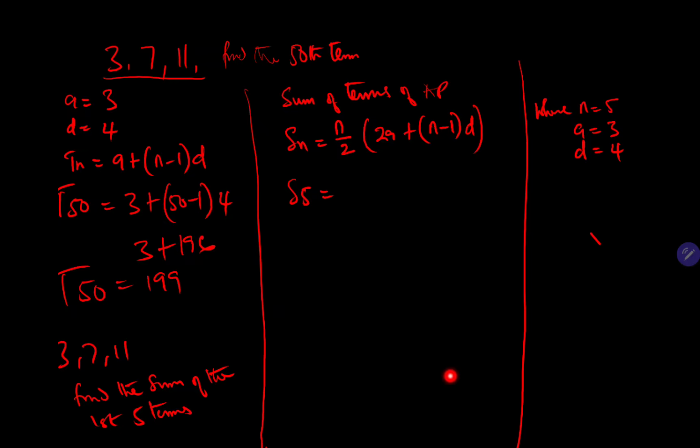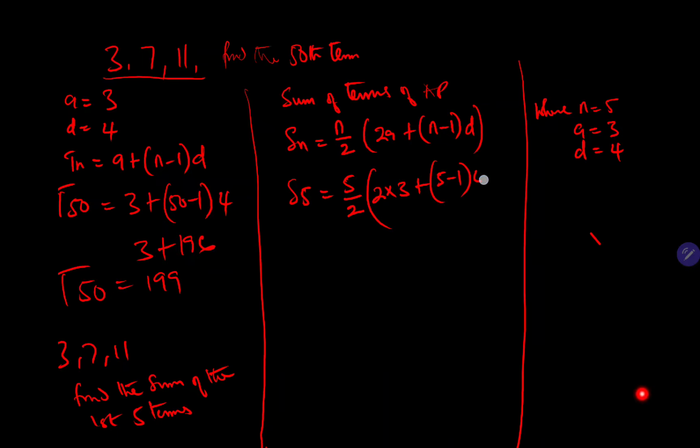4. Okay, so to know the sum of the first 5 terms, n is 5, so it will now be 5 over 2 into 2 times a, which is 3, plus n minus 1, 5 minus 1, times what?